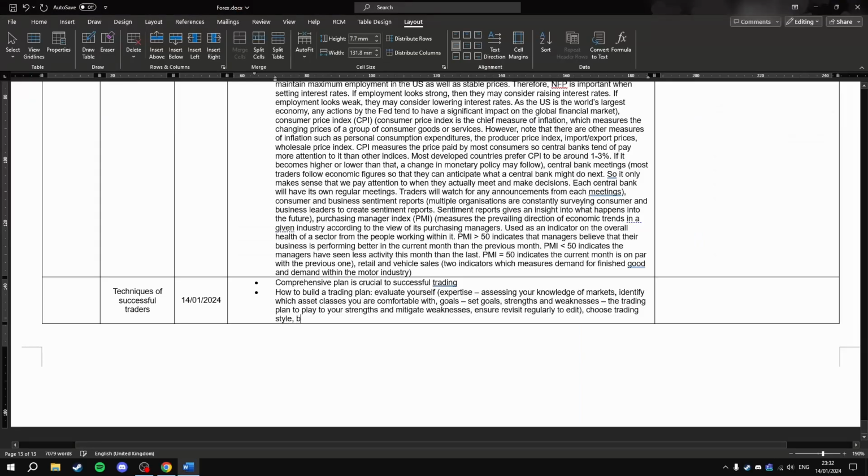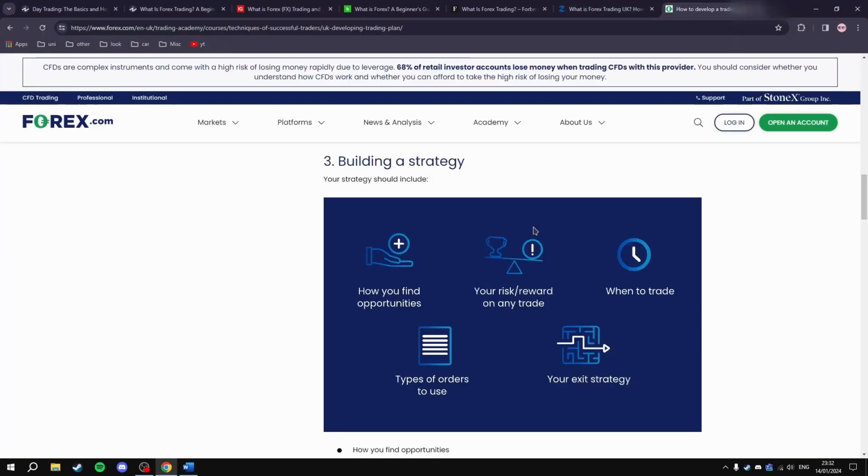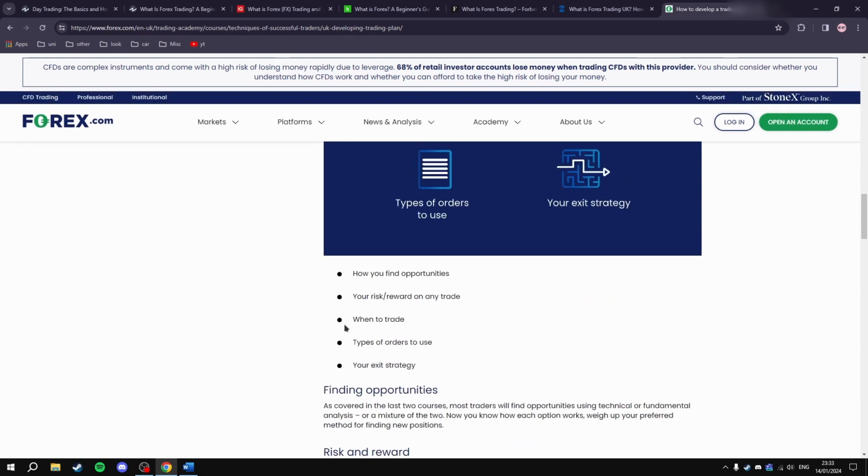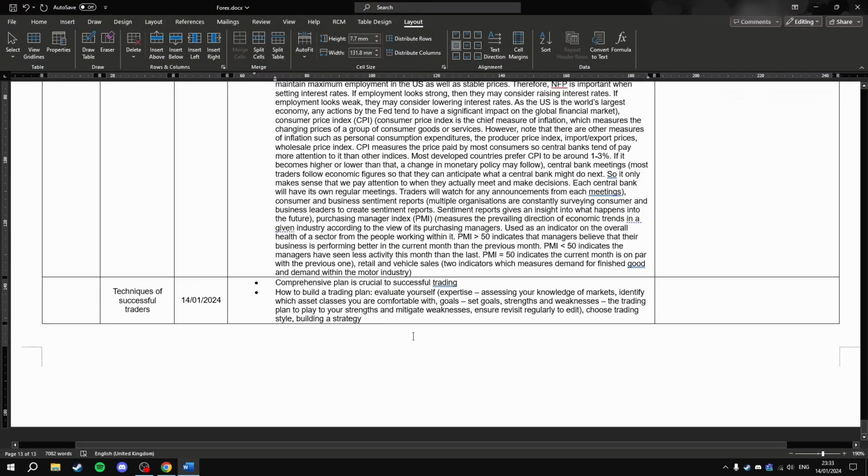Building a strategy. Your strategy should include how you find opportunities. Finding opportunities.